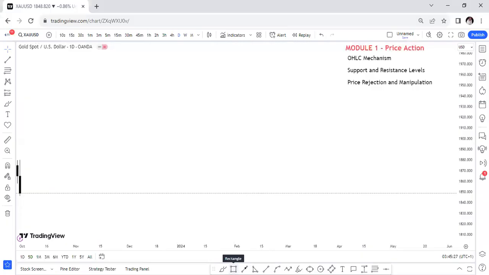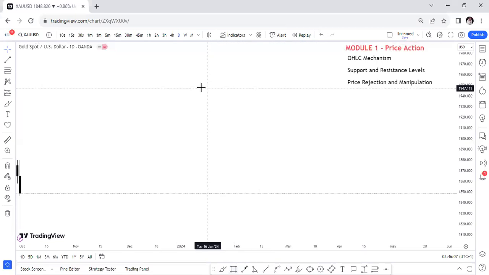But that has been a wrong assumption. Yes, there lies liquidity above the highs and below the lows of the market. But at the same time, the open and close levels of price play more significance than the high and low. You will get to understand and agree with me when we move forward.